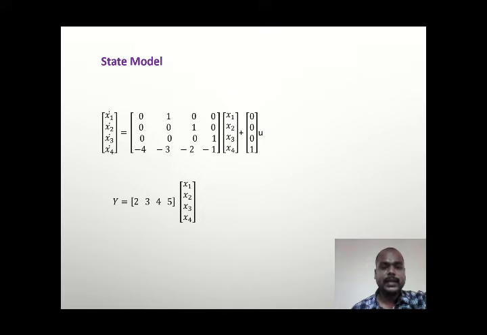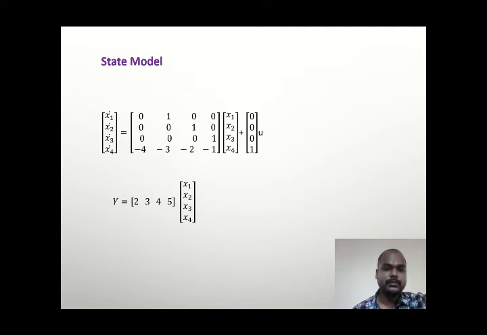You can go back and look into the earlier explanation, and you can directly relate it to the denominator coefficients here, which is x4 dot equals minus 4 times x1, minus 3 times x2, minus 2 times x3, and minus 1 times x4 plus u.